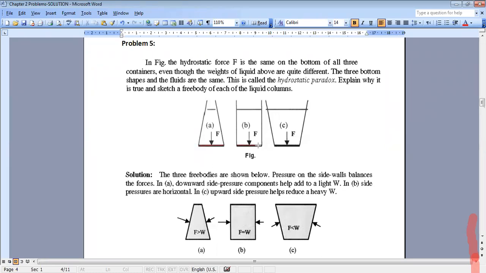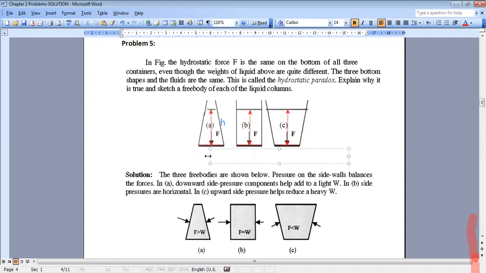Another thing that is common is the height of fluid. However, the weight is quite different because you have different shapes of your containers. So here I have the same height for the three. So this is H and this is A.